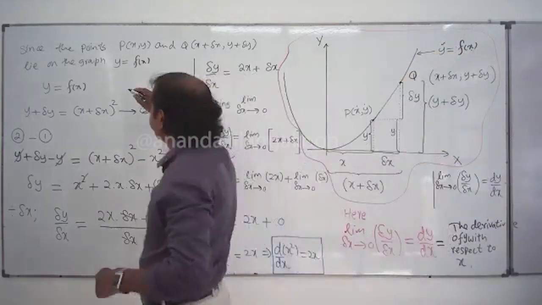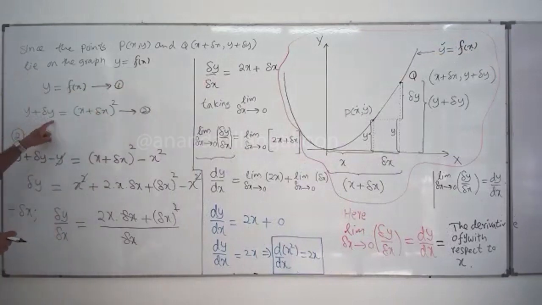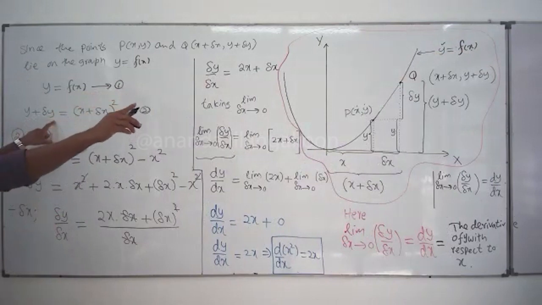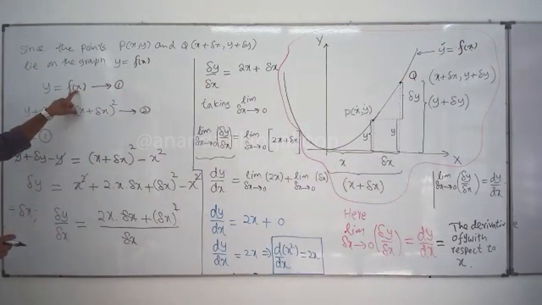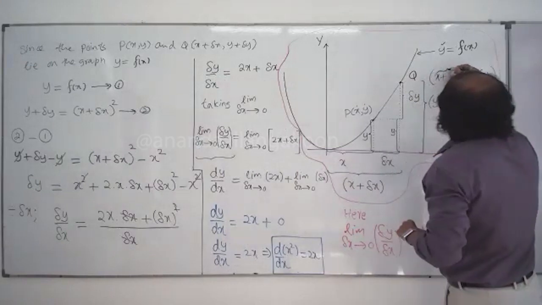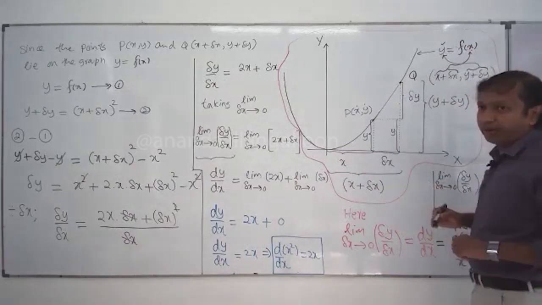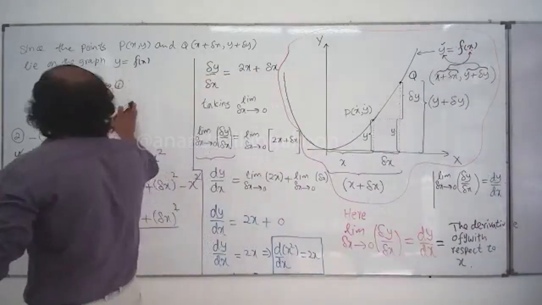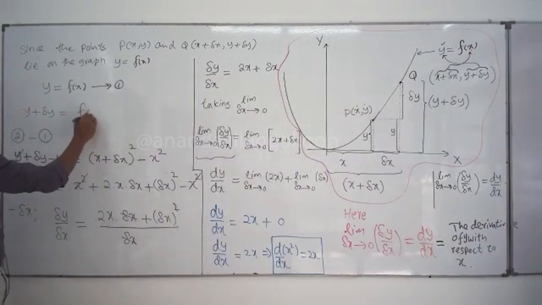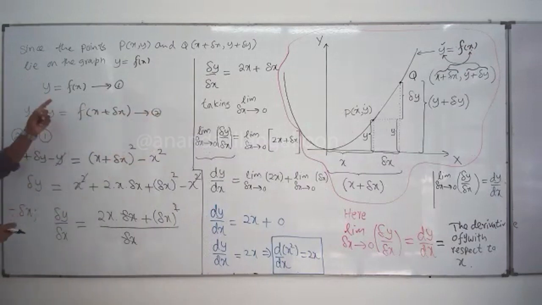This is number one. What is the second one? To the left hand side we have to put y plus delta y, and x is replaced by x plus delta x, because x plus delta x should be substituted for x, and y plus delta y for y. Then this second equation will be y plus delta y equals f of x plus delta x. This is number two. Now we take the difference.